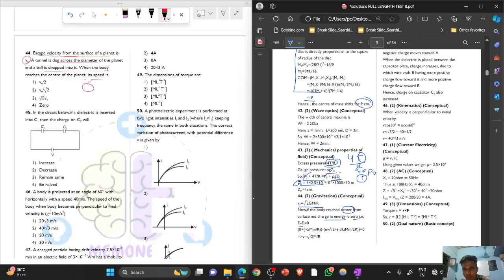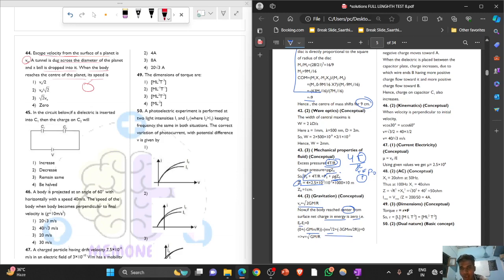Simply putting the values, in the first case you don't have any kinetic energy, but in the final case at the center it has both kinetic and potential energy. But initially it has both velocity and potential energy at the surface.